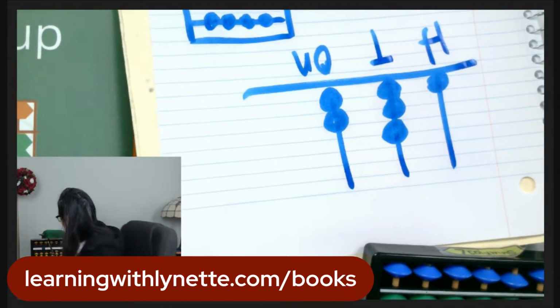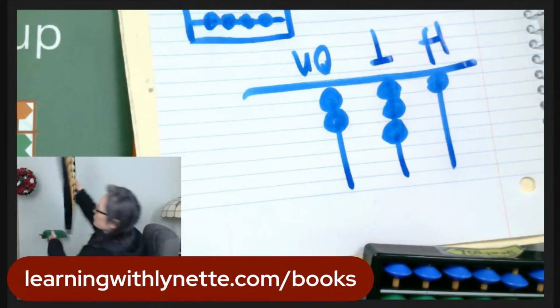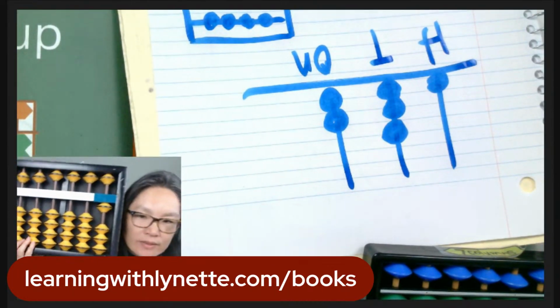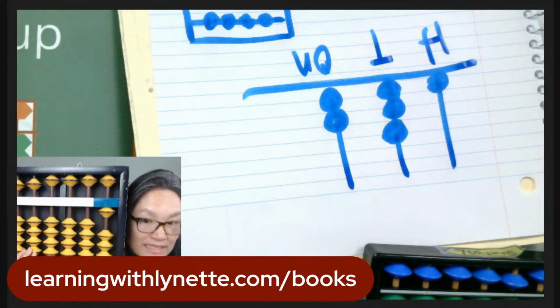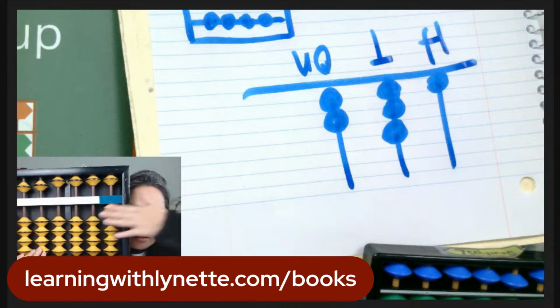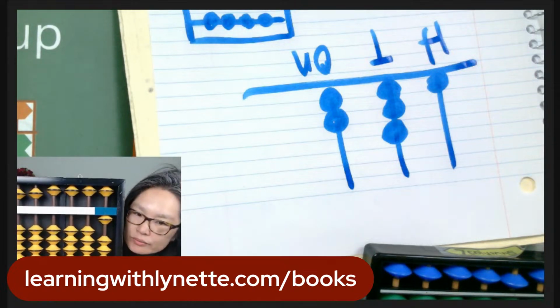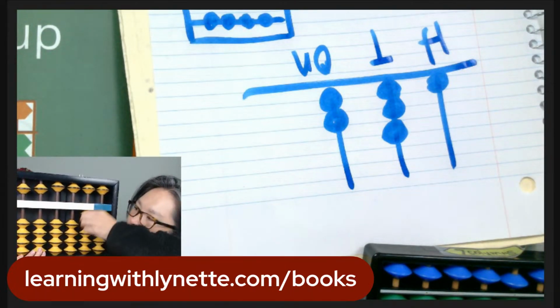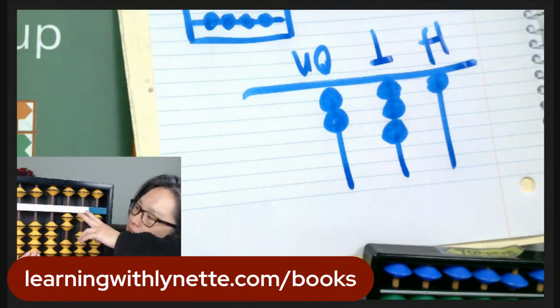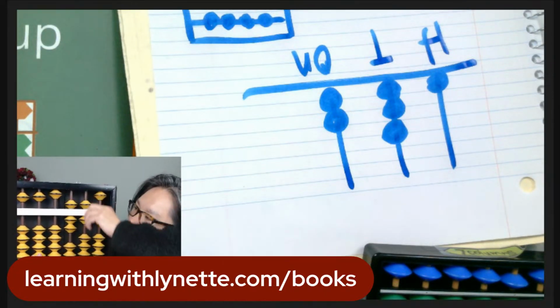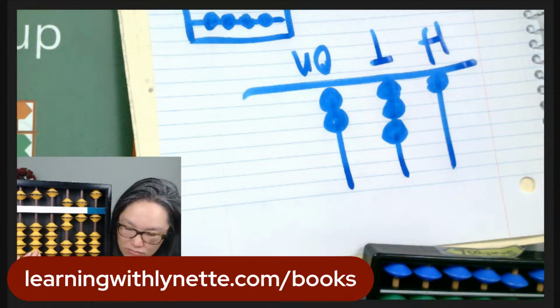Unless you have something like this, because this is the teacher's abacus. But you just said it was bars though, so I don't know. This is the same, but the beads will stay. I don't know.